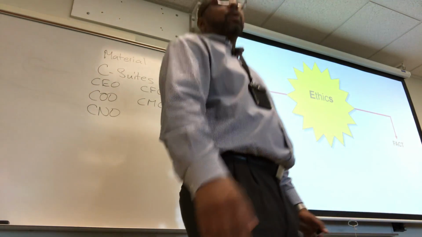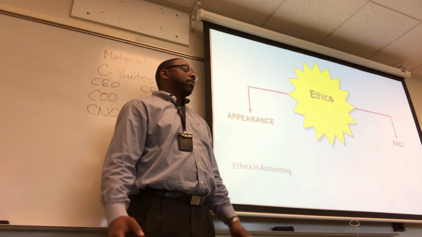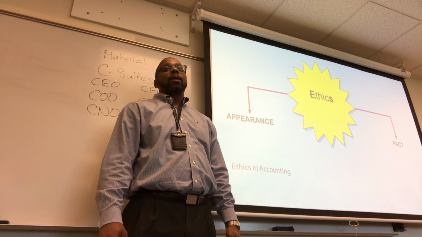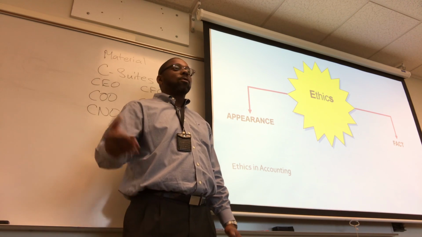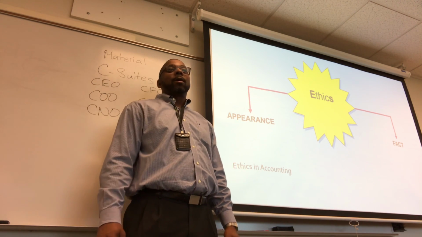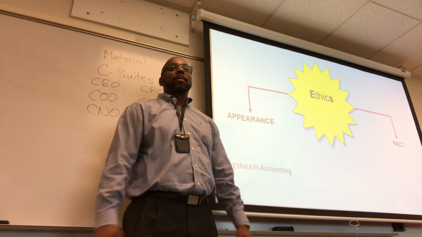That's what many of our politicians have a problem with right now, right? Doesn't matter what you say, if it doesn't look like you're telling the truth, then excuse us, the American public, if we treat you like a liar. Everybody with me?